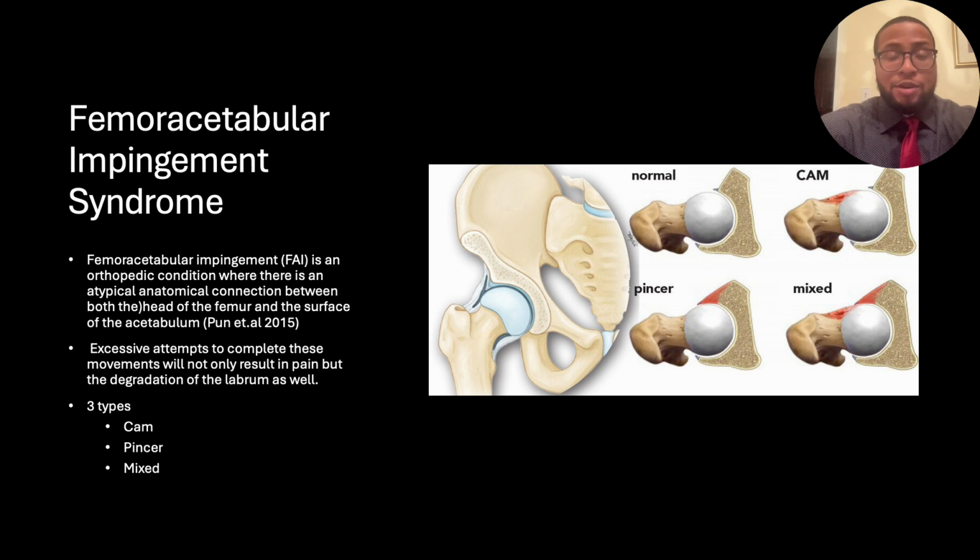And then we have a third version, known as a mixed morphology, which is a combination of the two. Excessive attempts to complete certain movements like flexion, internal rotation, and abduction will result in pain and degradation of the labrum.